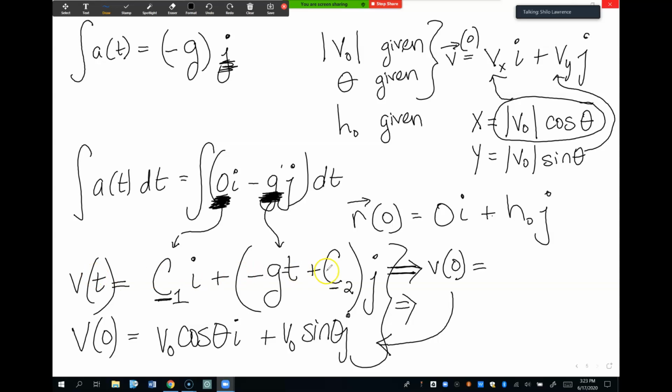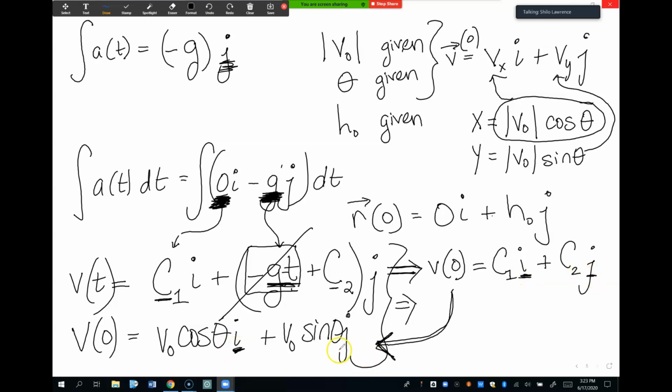If I plug 0 into my antiderivative, I'm plugging it in for t. I've got c1 i. There's no t's there to plug 0 into. If I plug 0 in here for t, that whole term zeroes out, and I'm just left with c2 j. Well, if c1 i plus c2 j is equal to this guy, the i components have to match up.